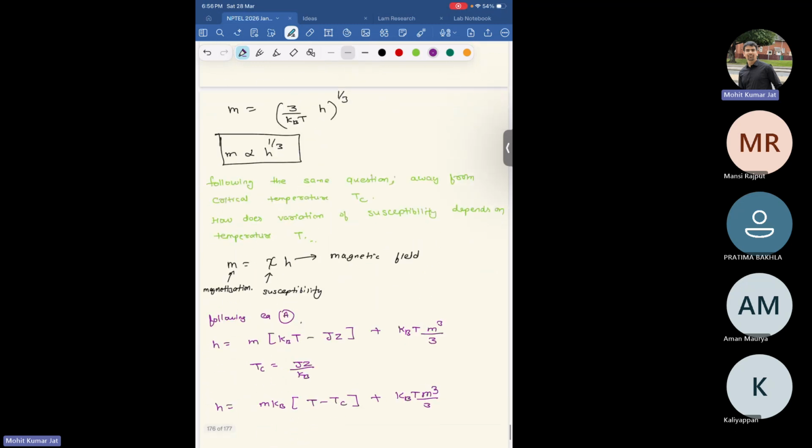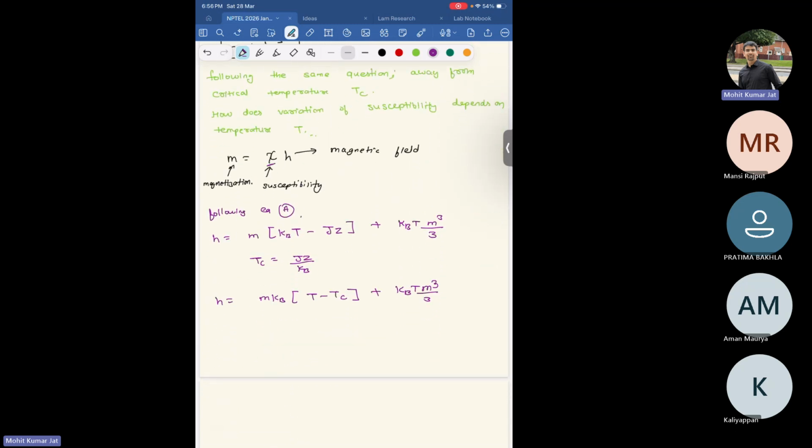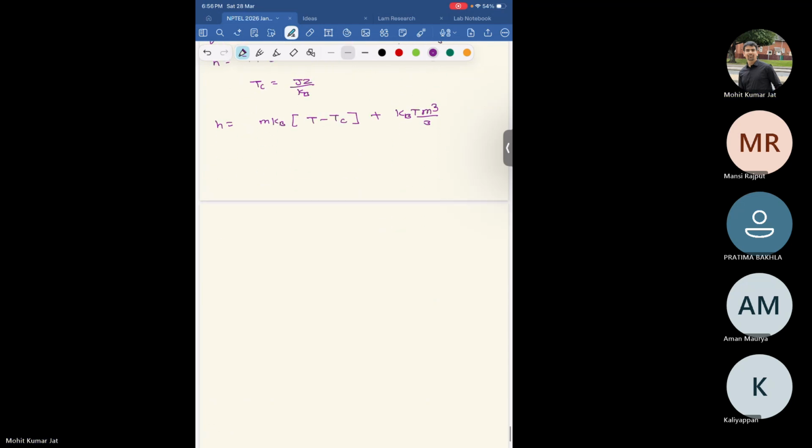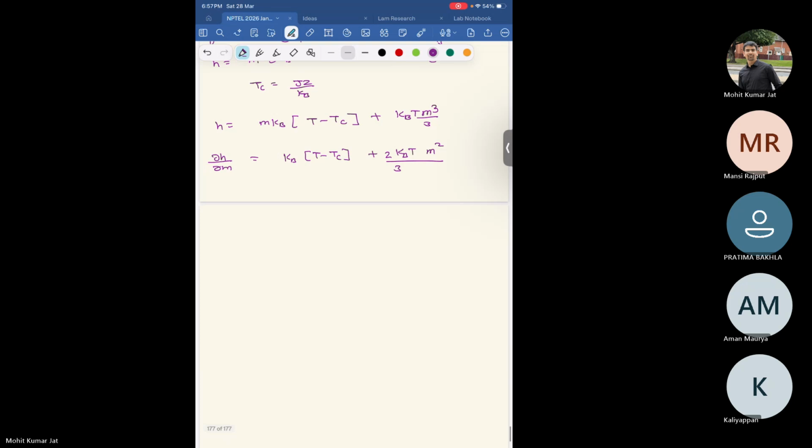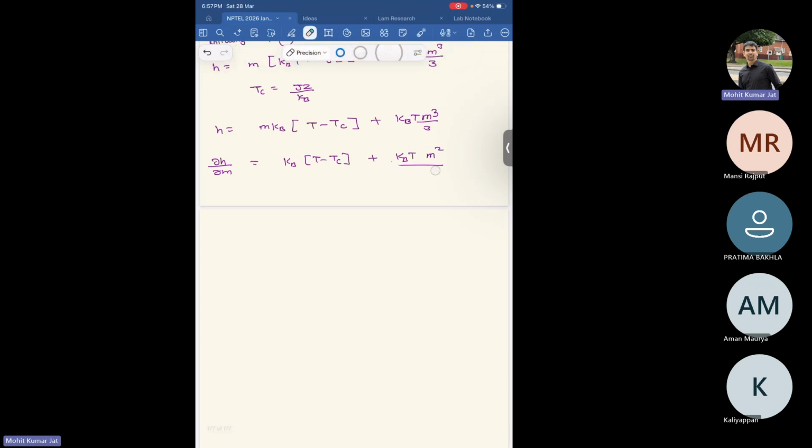Now let's remember this formula. To estimate the chi, we'll have to take the derivative of M with respect to H. So what we need is del H by del M. If I take it, it will be KB (T minus Tc) plus KBT times 3M square by 3, so the 3 will cancel out, KBT M square.